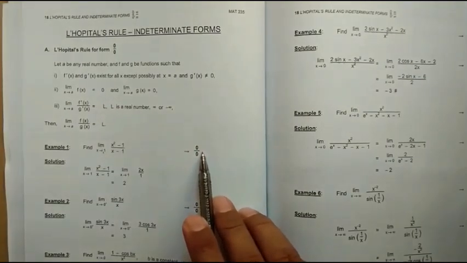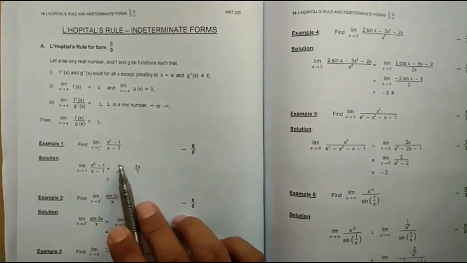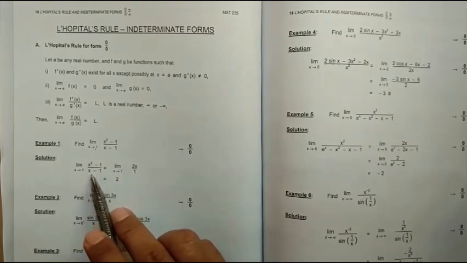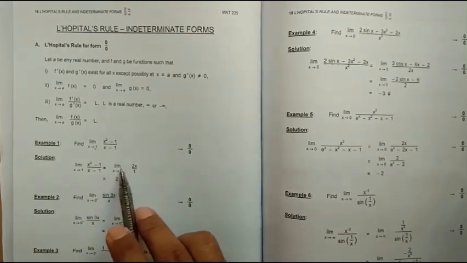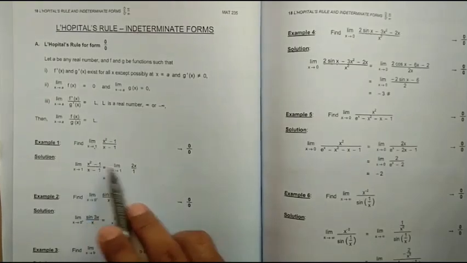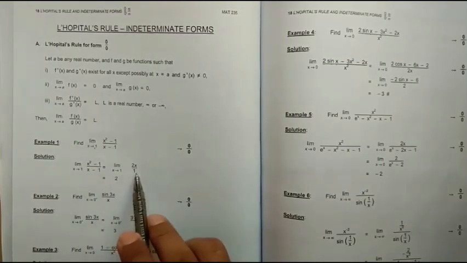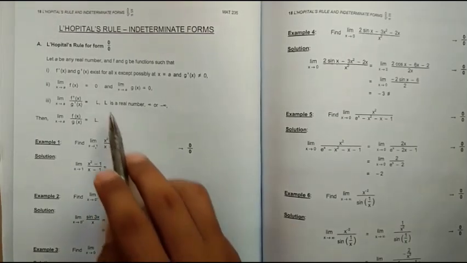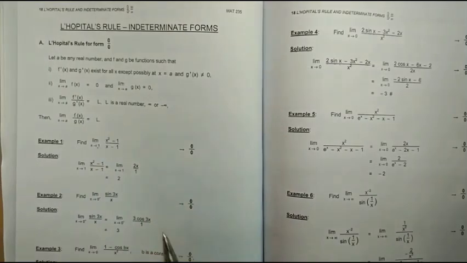So what to do? We just follow the definition. Limit x approach 1, x square minus 1 over x minus 1 equals limit x approach 1, 2x over 1. Differentiate x square, we get 2x. Differentiate x, we get 1. So, substitute x equals 1, we get 2. 2 is L.